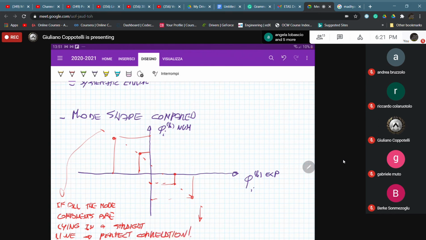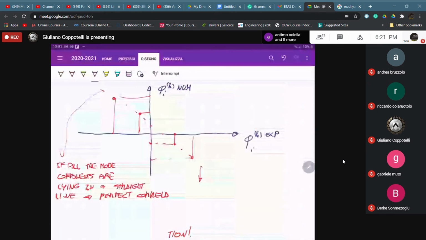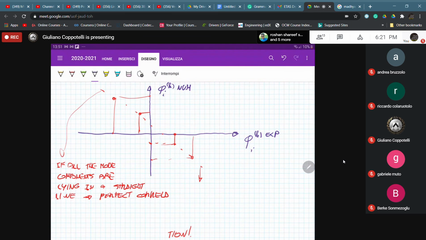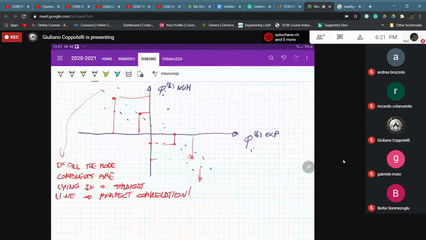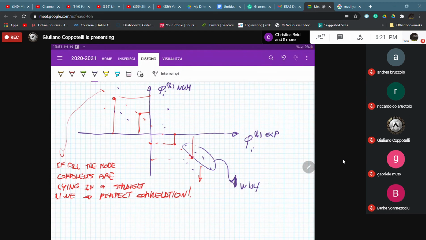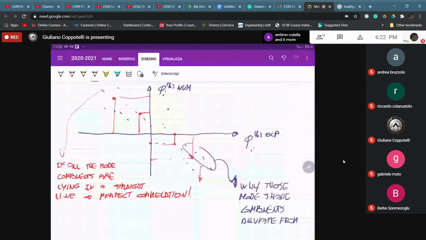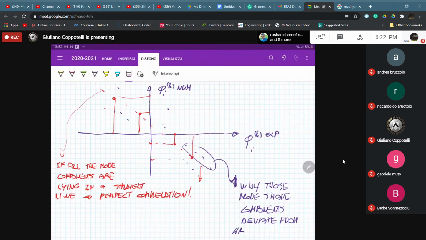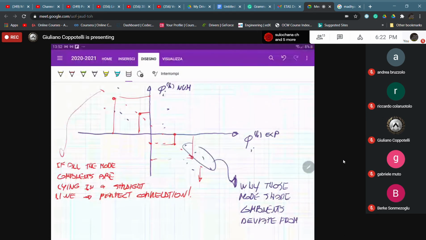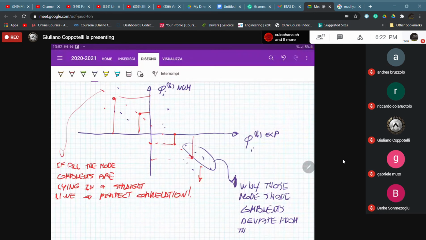On the contrary, we can have some condition like this, for example, and therefore we have to consider the deviation: why those mode shape components deviate from the perfect line.